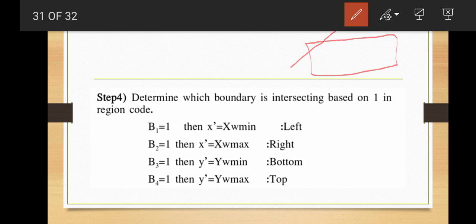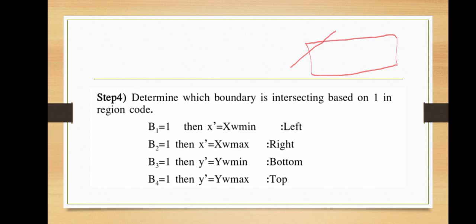If bit b1 is 1, then x dash is equal to xw minimum. If b2 is 1, then x dash is equal to xw max. If b3 is 1, then y dash is equal to yw minimum. And if b4 is 1, then y dash is equal to yw max.